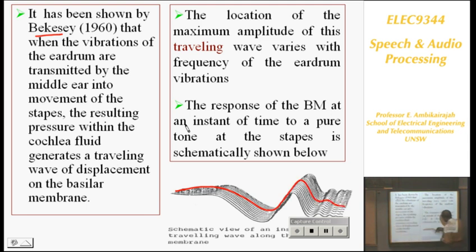The many hair cells sitting there, picking up the information, will pick this up as the maximum deflection. So when it picks up the maximum deflection, the brain sees that that frequency is available. Okay? So if you've got many frequencies coming in, the next slide shows you that.